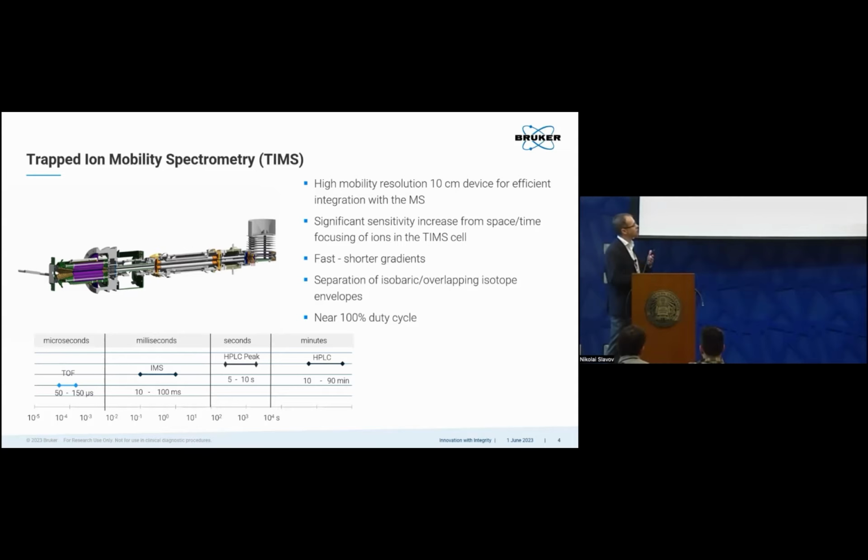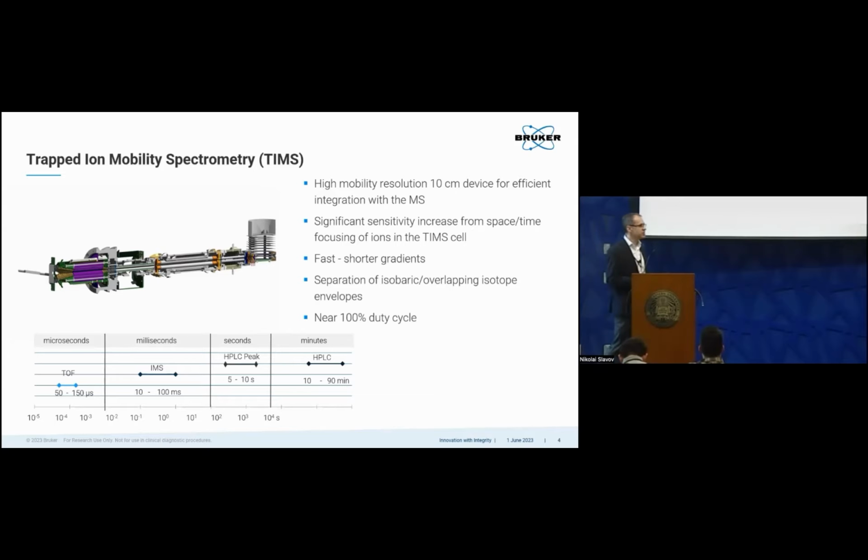What this gives us is a very high resolution ion mobility system in a very short device, a very small section of the mass spectrometer, so it doesn't add anything to the size of the system. We get significant sensitivity boosts from the space-time focusing of the ions as they're concentrated in the TIMS cell.